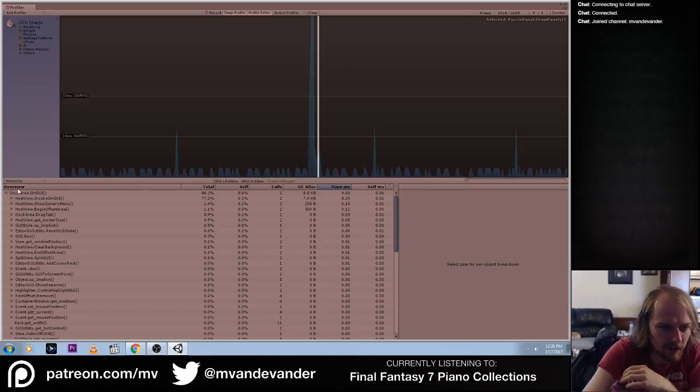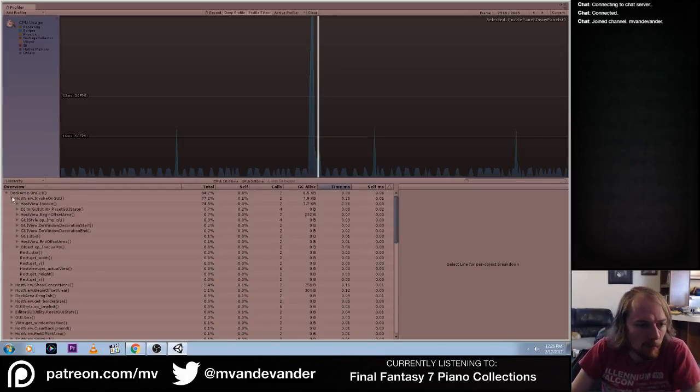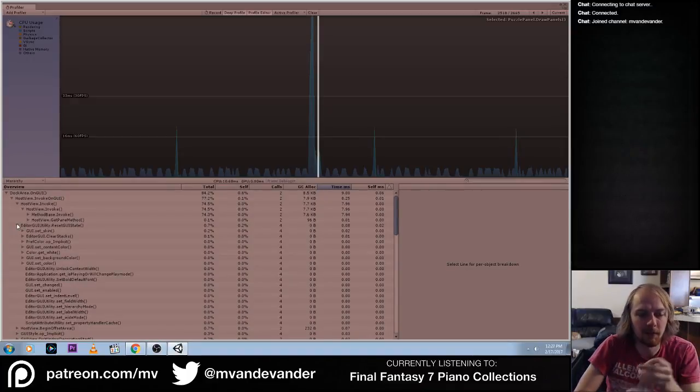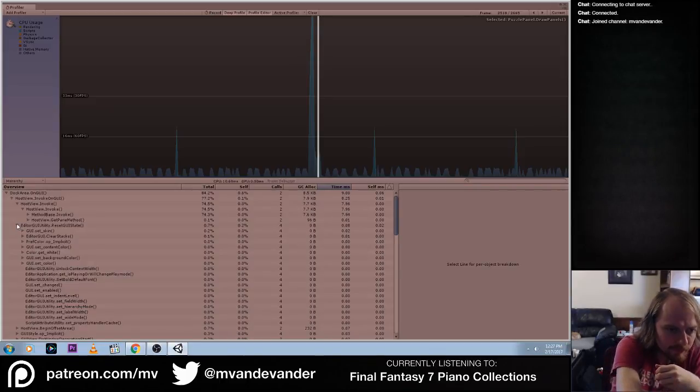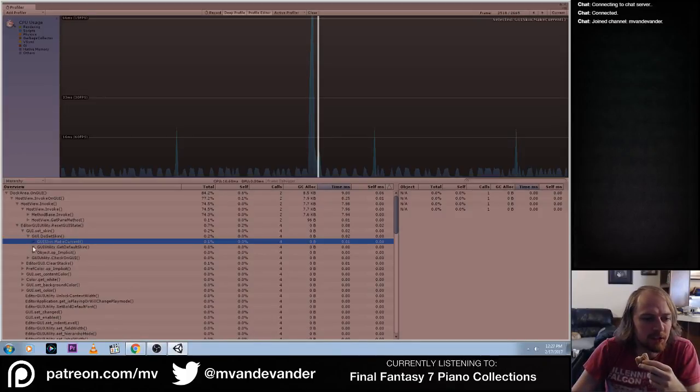And so much of this is just GUI stuff, GUI repainting. No wonder their GUI is so slow, because their call stack is this damn deep.